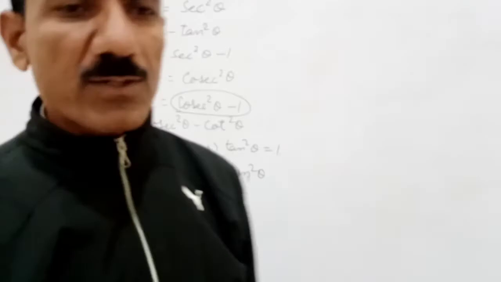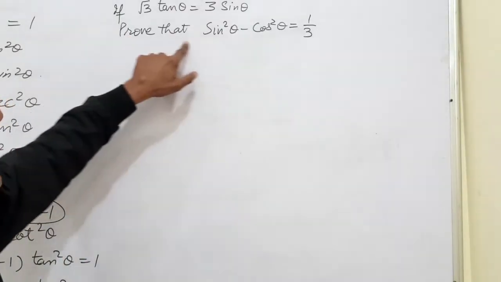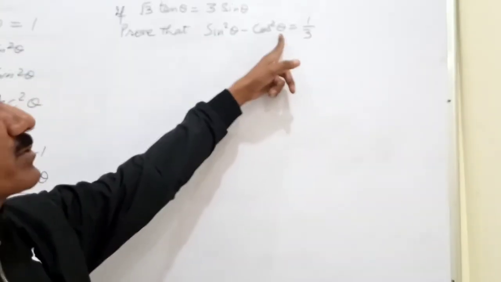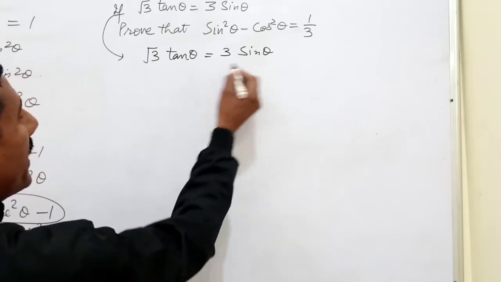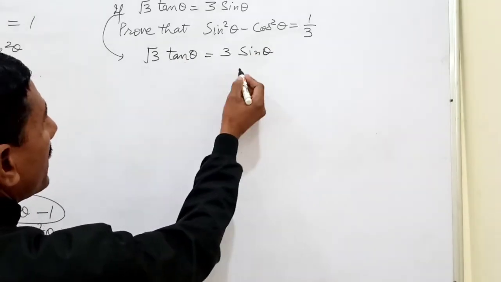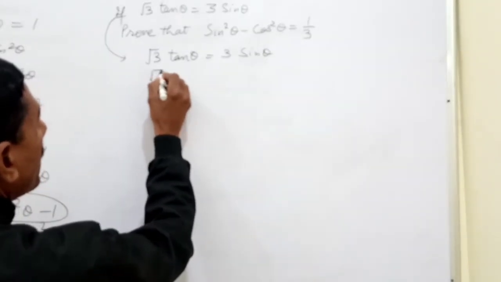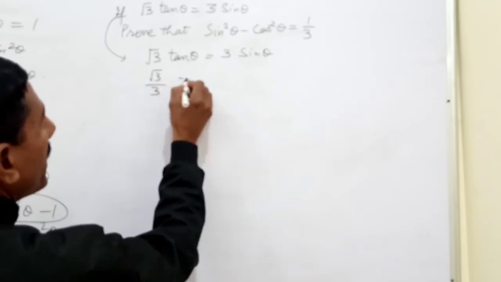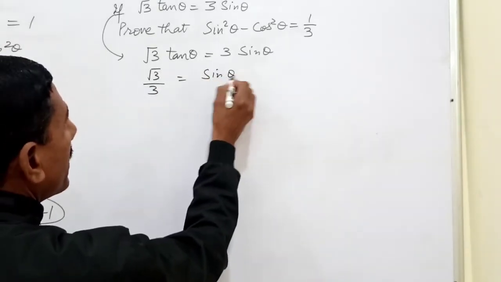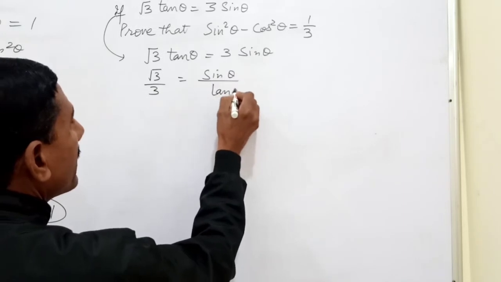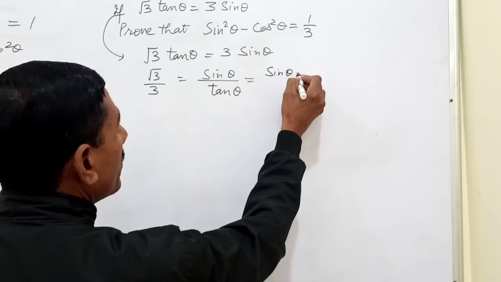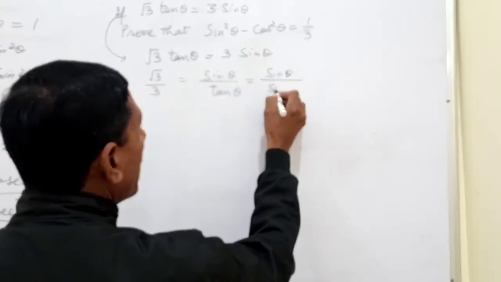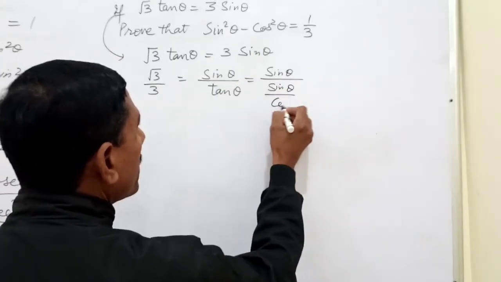Let's take one more example. Prove that sine square theta minus cos square theta is equal to 1 by 3, given that tan theta is equal to 3 sine theta. In this case, root 3 upon 3 is equal to sine theta upon tan theta, and it will be equal to sine theta divided by sine theta upon cos theta.